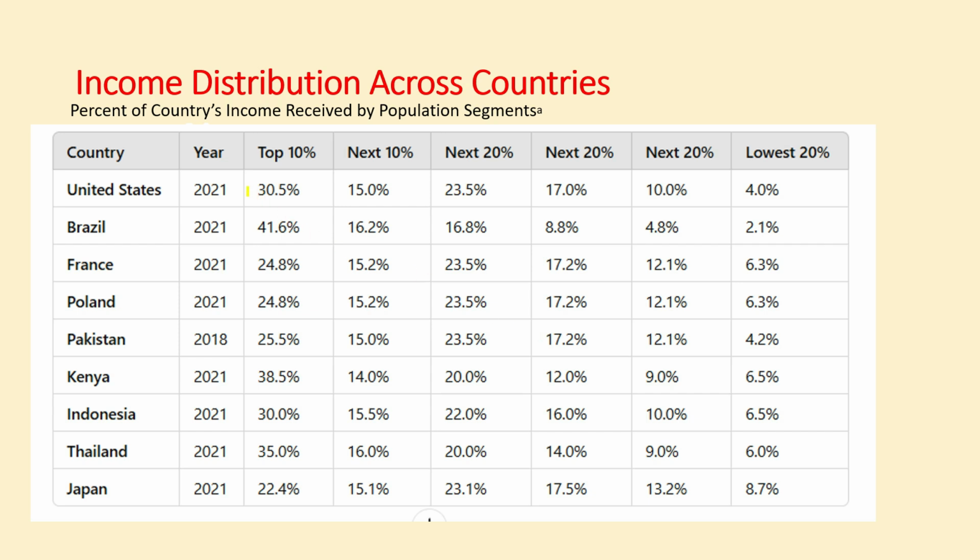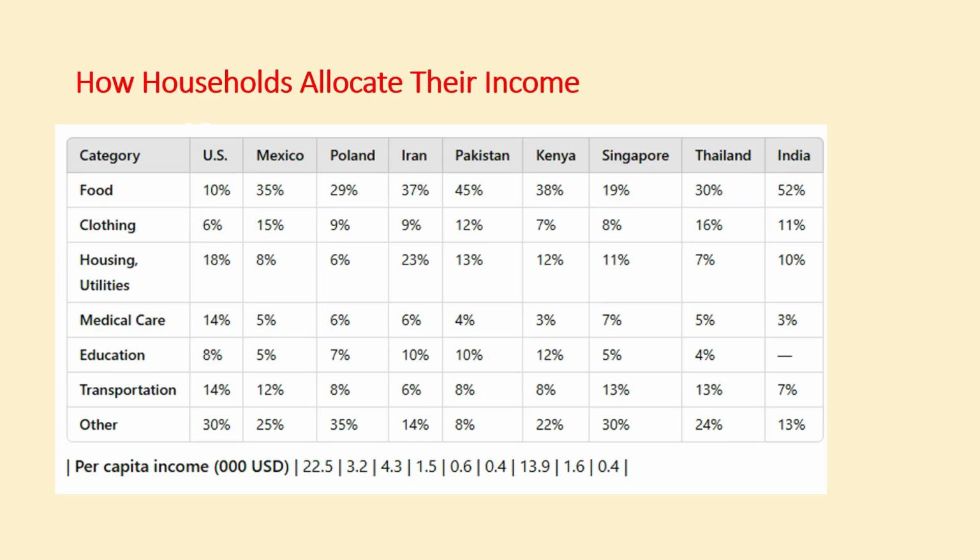So what people are spending, how many people are spending, what the population segment is, who has the most wealth, like who owns the top 10% of the wealth in a country. This is a good picture of where they can spend their money. And then the lowest 20% is important as well: do they have the spending power, where are they going to spend? And then the next chart, how different households allocate their income, is also a good picture of where people are able to spend.